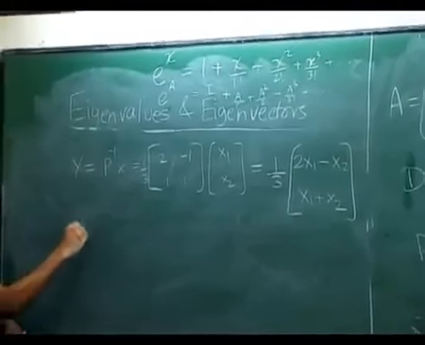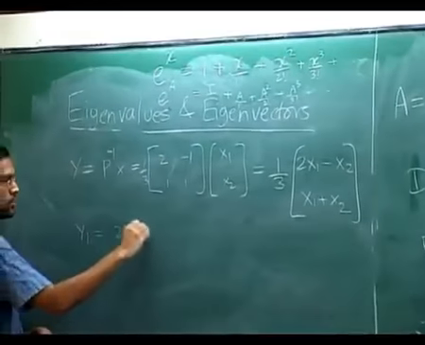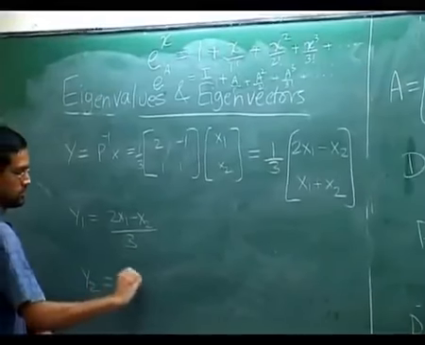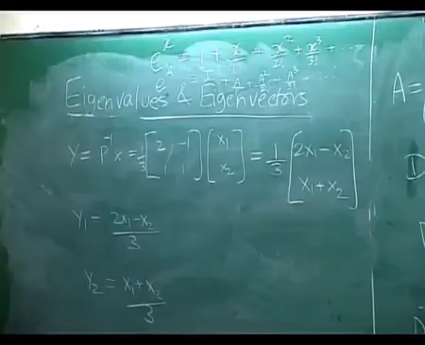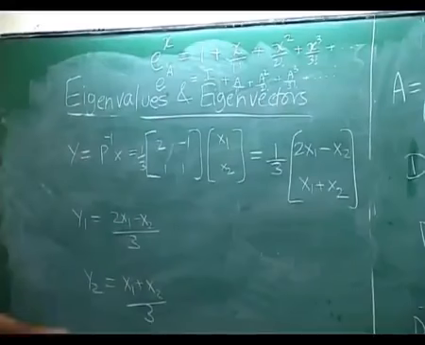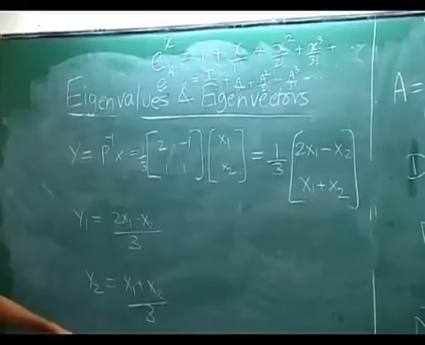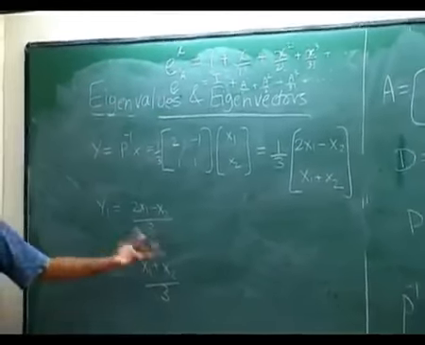So what is y1? The first component of y is 2x1 minus x2 divided by 3. y2 is x1 plus x2 divided by 3. Are these the same as the y1 y2 we had initially? Almost, up to the divided by 3. That's only a constant.